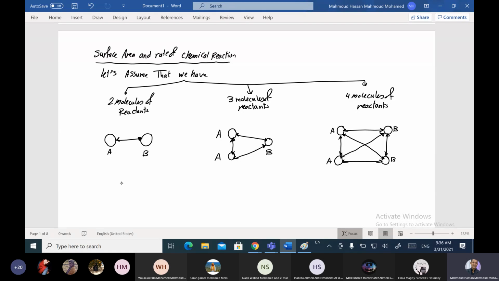So, as the number of molecules increases, we can say the surface area increases, and the rate of collisions increases.